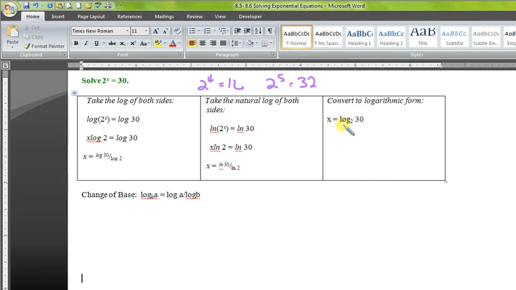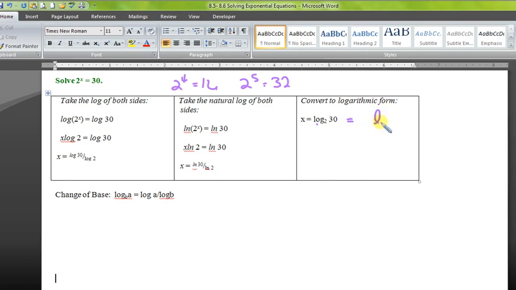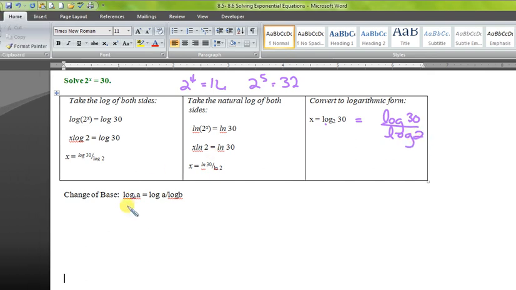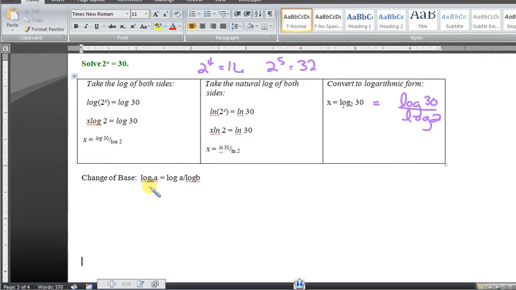But we've never really looked at what this is equivalent to, or how we can put it into our calculator. Actually, we've just kind of said we couldn't put it into our calculator and left it at that. But keep in mind that all three of these answers are equal. So log base 2 of 30 is equal to the log of 30 divided by the log of 2, which leads us to what's called the change of base formula. The change of base formula states that if you have a logarithm with a base of b, you can rewrite it as a common logarithm simply by converting it to a division problem.